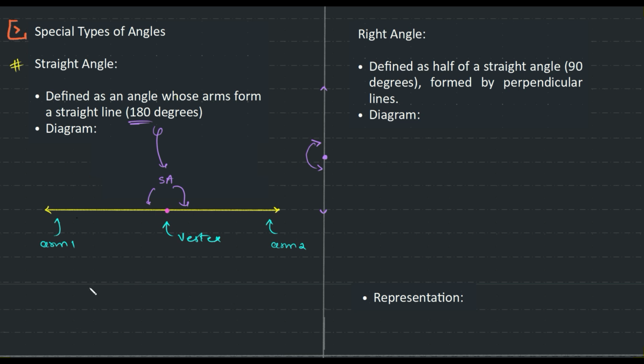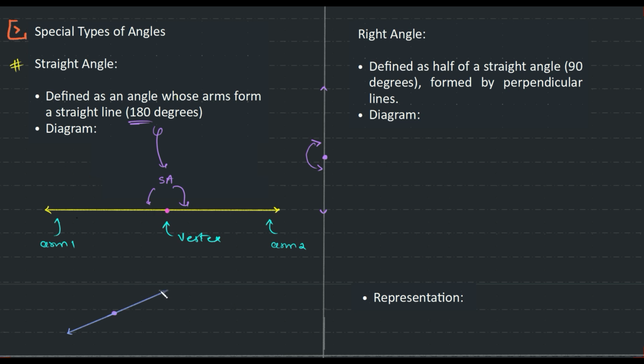Okay, so let me put it across in another way. Say I consider a vertex. I will consider this as one of the arm. If I extend this particular line, this ray actually, to the other end, in this way.